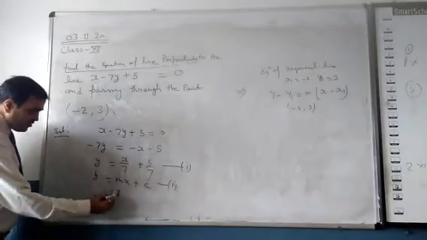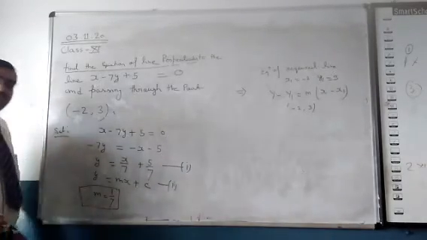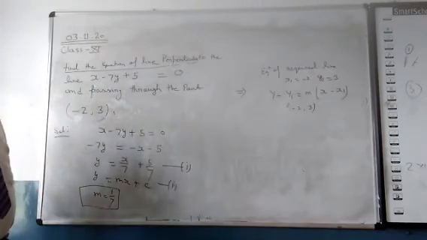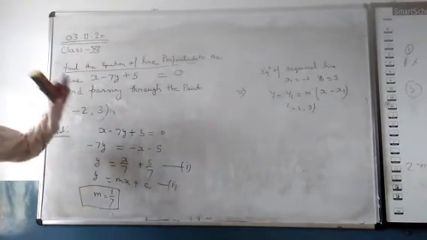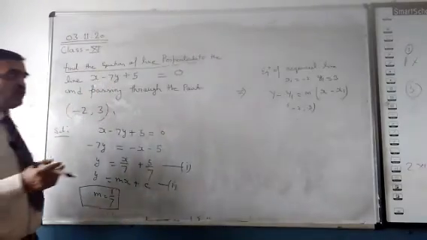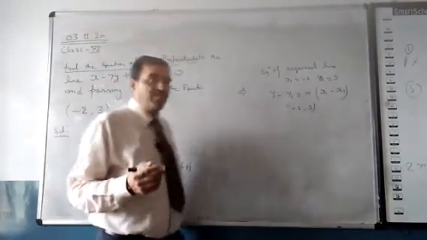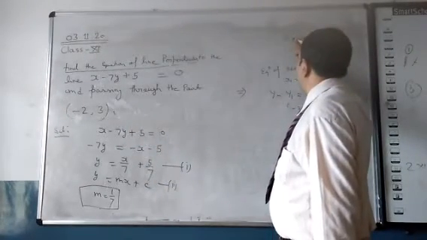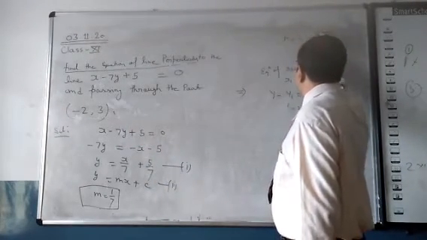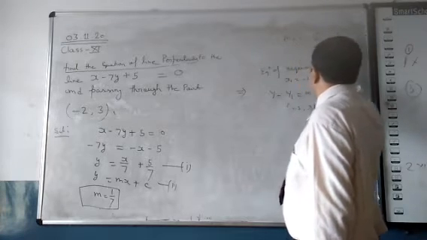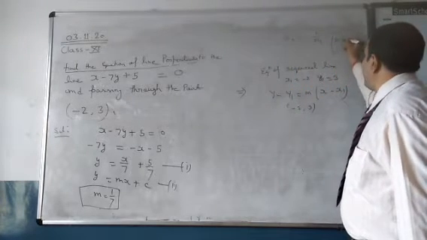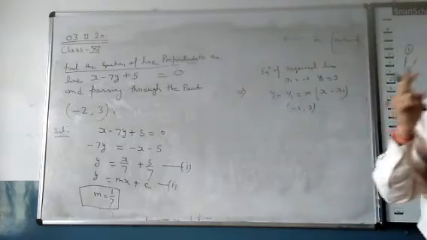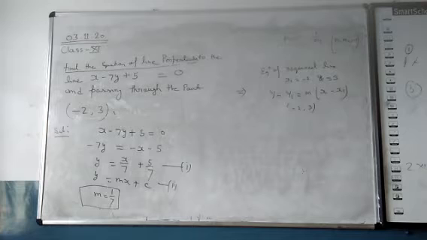This slope of 1 by 7 is the slope of the given line, and the required line is perpendicular to this line. Therefore the slope of the required line m2 is equal to minus 1 by m1, because you know m1 into m2 is equal to minus 1 when two lines are mutually perpendicular.